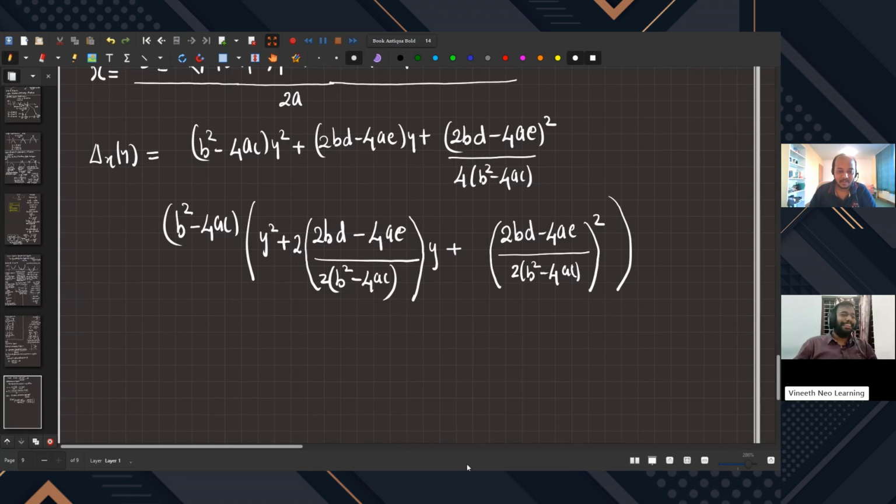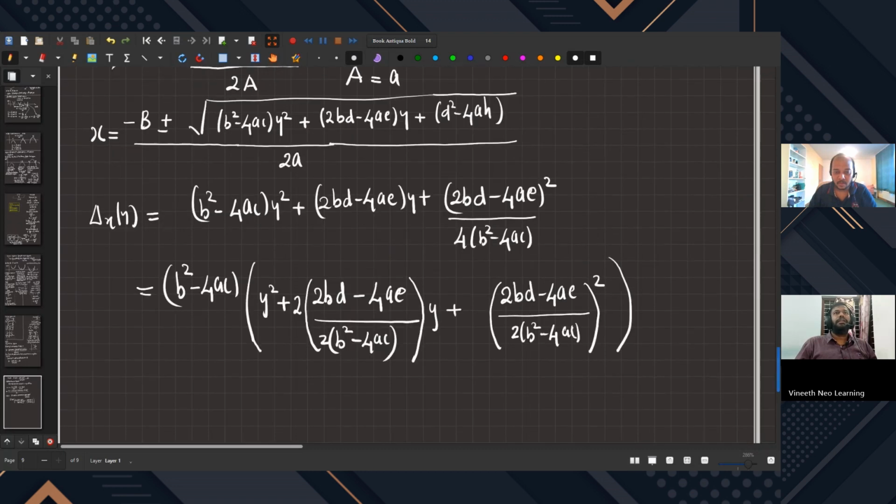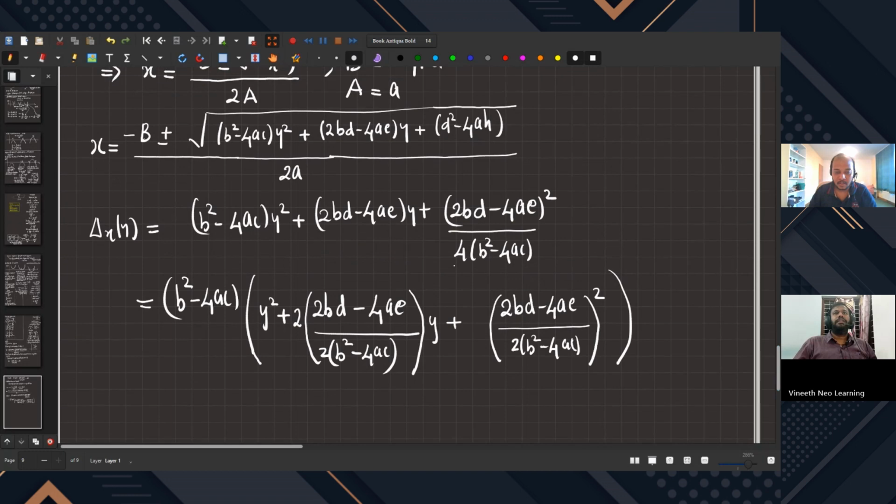No, it's plus or minus, b square minus 4ac into y plus 2bd minus 4ae, the whole divided by 2 times b square minus 4ac, the whole squared.